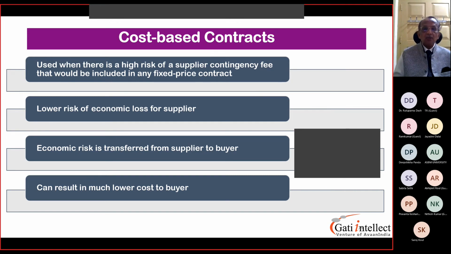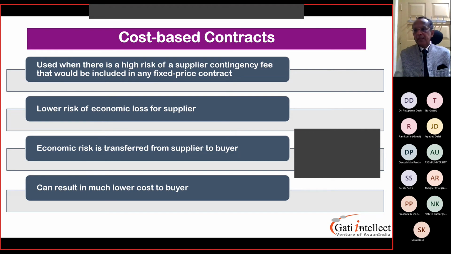I will do it at cost for you, but my charges will be 15 to 20% over and above what the cost is. So this is a common example. This is a common phenomenon where contracts are being carried out.